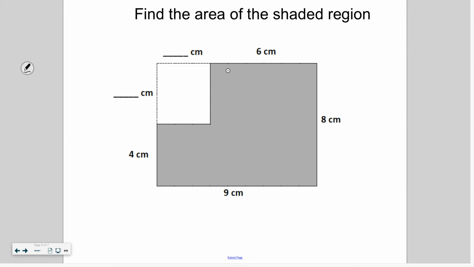So I can find the total area, including this little piece, and then subtract that from the total, and I'll explain that now. So I know this total, the white and gray combined, is 8 by 9, right? That's the total rectangle. So 8 times 9 equals 72, right?